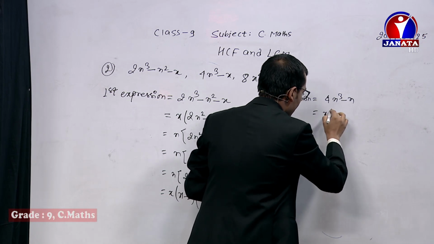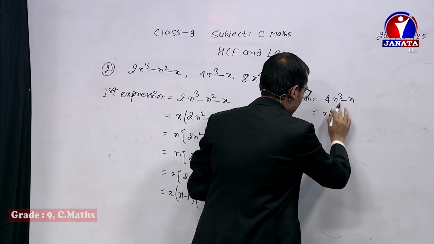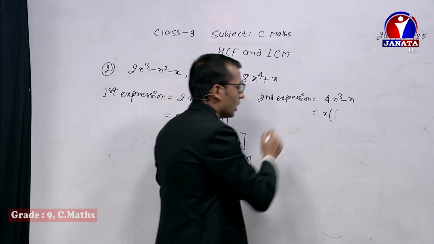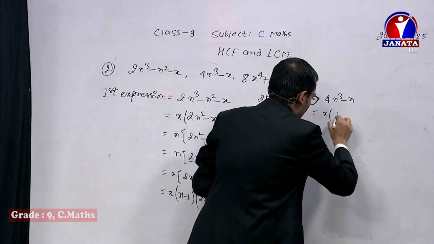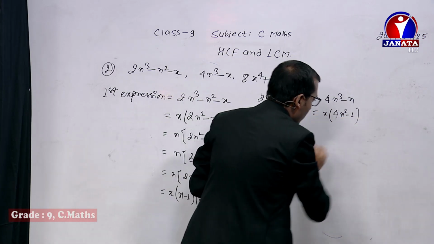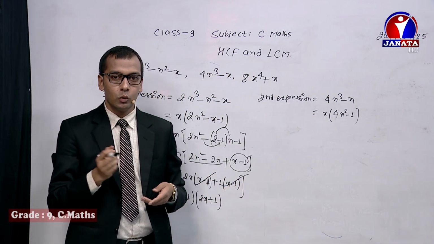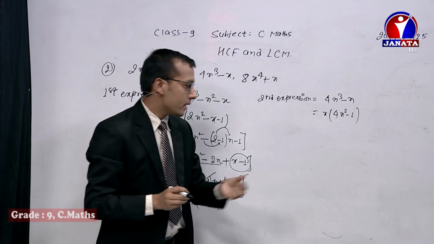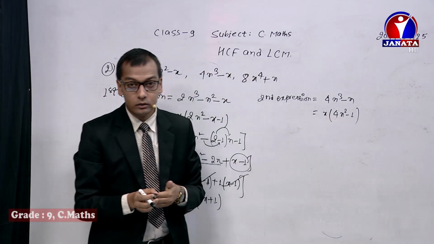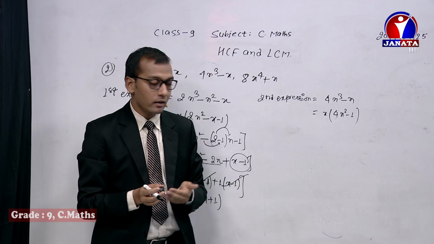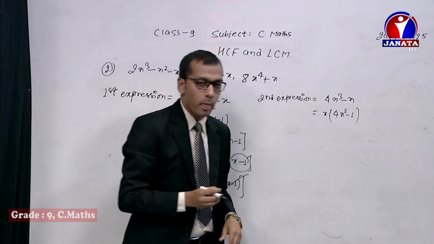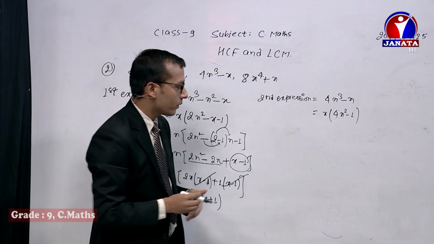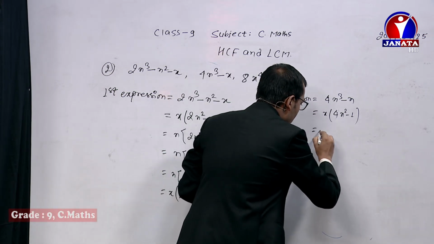We can take x common. So after taking x common, what are the terms left? 4x square minus 1. Now let's think, can we factorize 4x square minus 1 or not? If we can factorize this, we need to try for its further factorization.